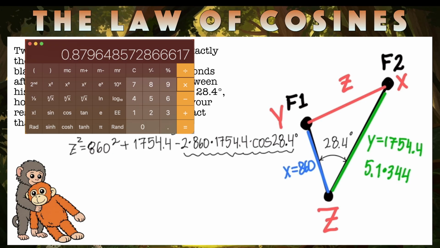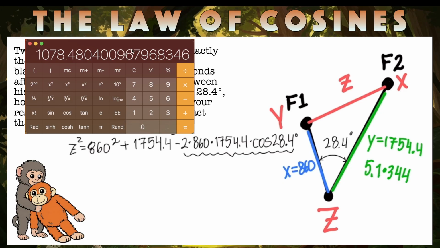So that's the cosine of 28.4. And now I'm going to hit equals because then it multiplied all of it. And then I'm going to close. I think that's already closed parenthesis. And then we want to take the square root. Okay, so I think I did it right.